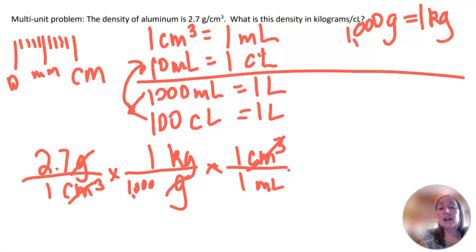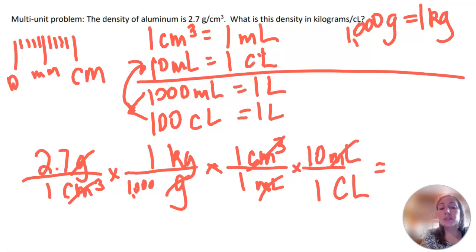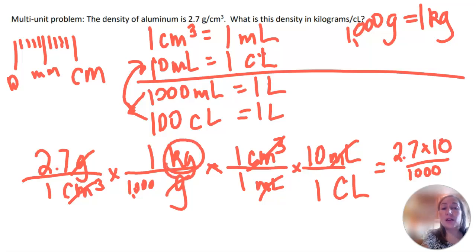That's great. We also know that there are 10 milliliters, bring up milliliters, in every 1 centiliter. Okay. So essentially, this way we've got 2.7 times 10 divided by 1,000. And that's going to give us kilograms per centiliter.